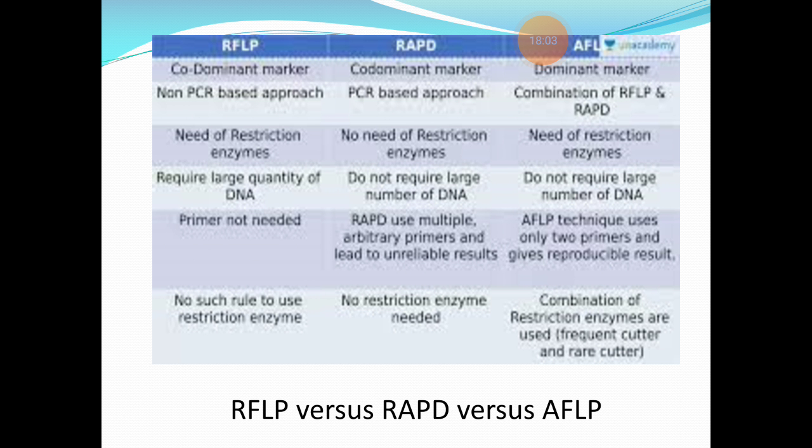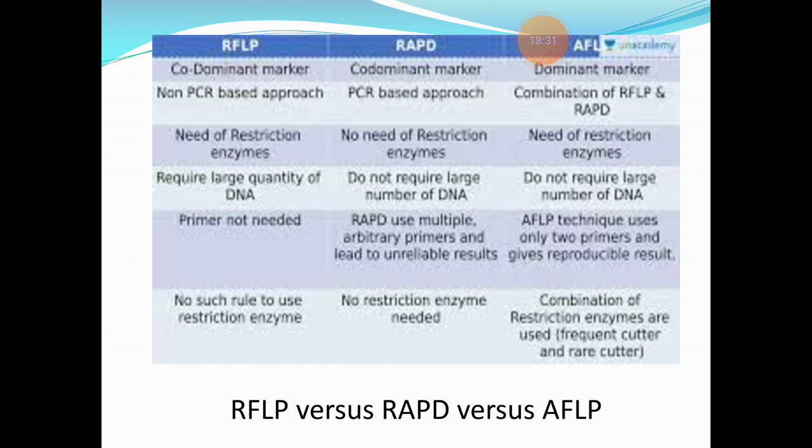Then RFLP, primer is not needed because this is a non-PCR based approach. RFPD uses multiple arbitrary primers and leads to unreliable results. That is one drawback of RFPD. Whereas AFLP technique uses only 2 primers like PCR and gives reproducible, reliable results.